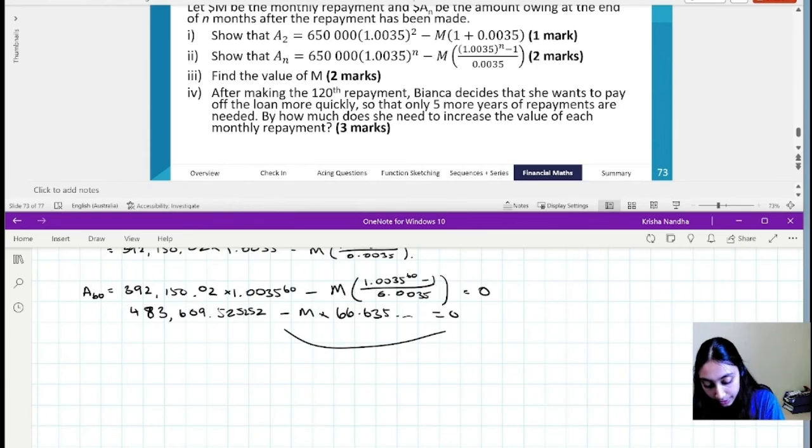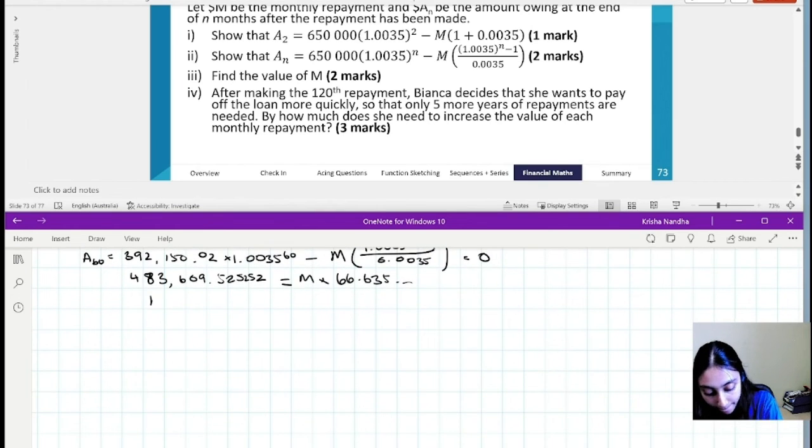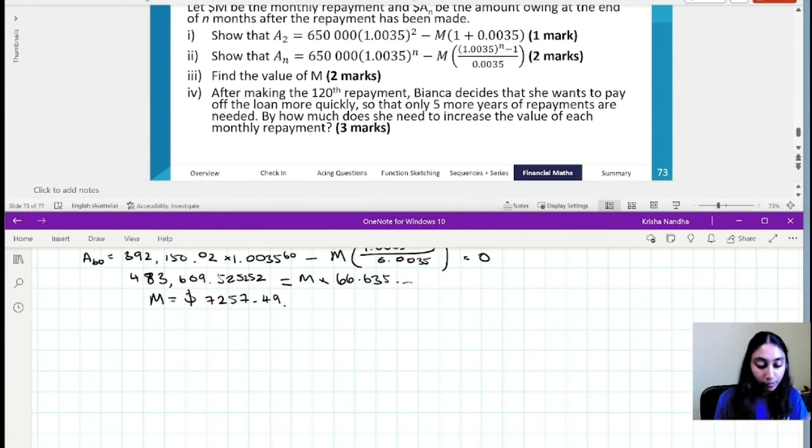I'm going to bring this to the other side, so my m will be equal to 483,609.52525252 divided by that. Okay, so her monthly repayments will increase to $7,257.49. But that actually doesn't answer the question.